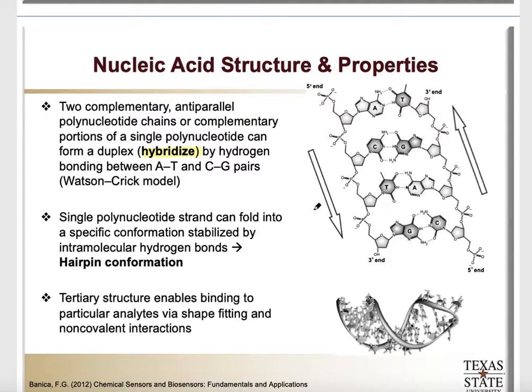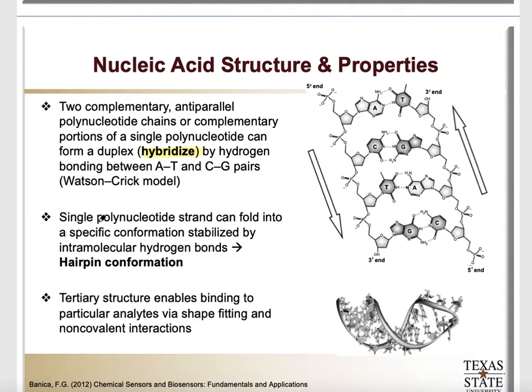Or it could happen between complementary portions of a single polynucleotide that basically folds upon itself and has complementarity. The other thing that I want to mention is that these are anti-parallel, and we can see that here. We go in one direction for one of the strands, in the other direction for the other strand.